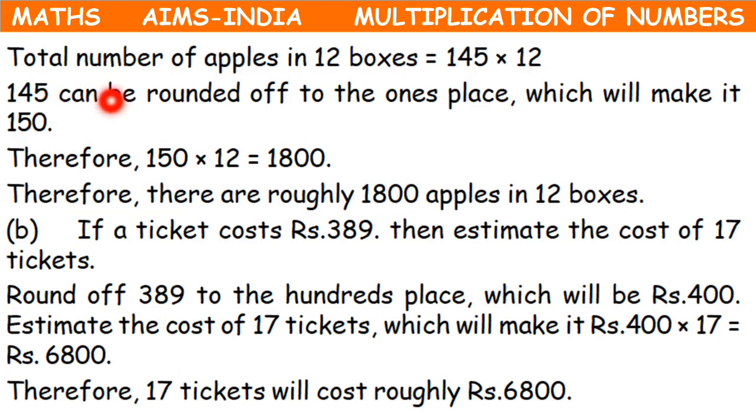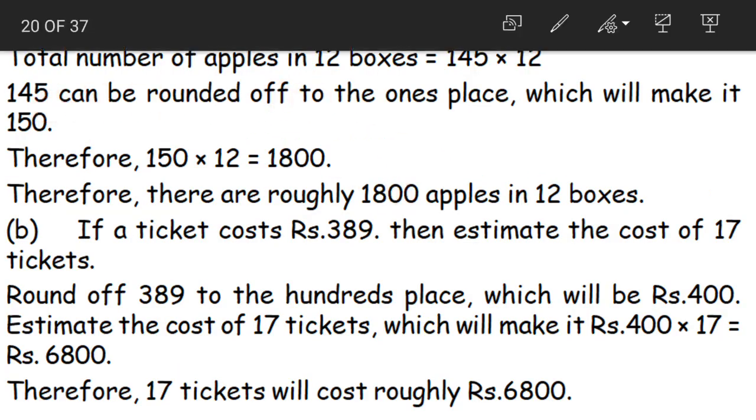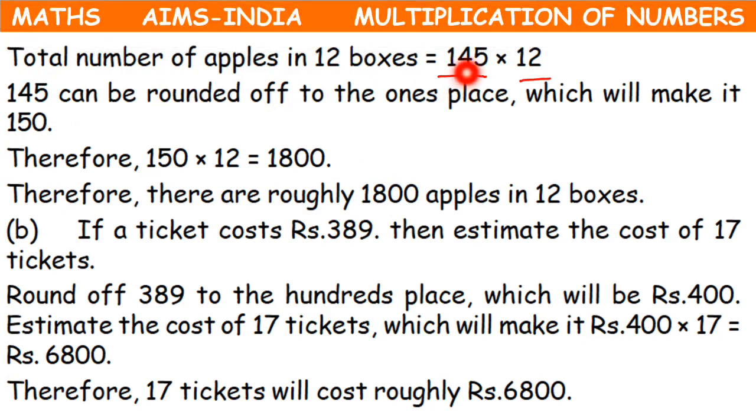The total number of apples in 12 boxes, what will we do normally children? 145 into 12. Yes, 145 in each box and there are 12 boxes. When we multiply, we'll get the exact number. But as they are asking us to find out the estimate, roughly, they are asking about a rough number. Yes, we need not multiply 145 with 12.